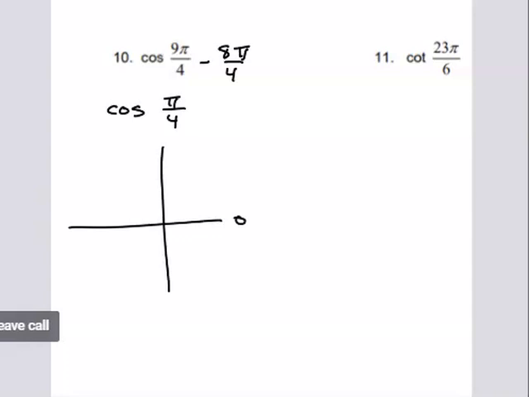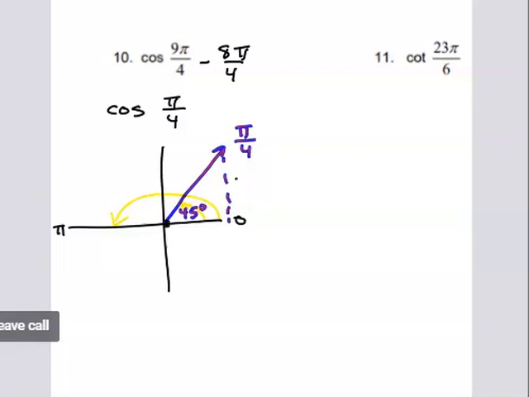So again, if we're going from 0 to pi, 1/4 pi is 1/4 of the way, right? If this is all the way to pi, 1/4 of the way is right here. So this is where 1/4 pi is, which is equivalent to 45 degrees.